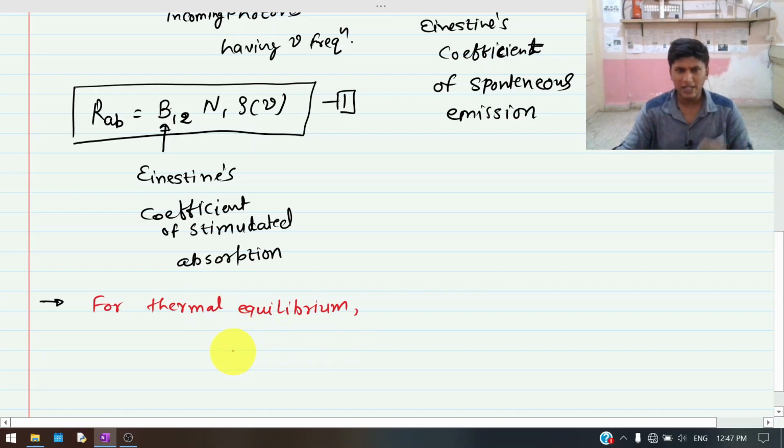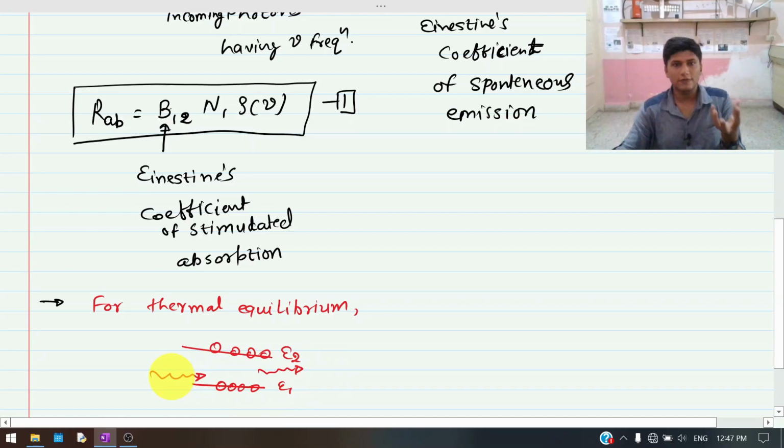So for any thermal equilibrium, if this is an atom, these are energy levels, E2, E1. There are some atoms in the ground state, some atoms in the excited states. The photons come and photons go because of emission. Photons are absorbed, then they are emitted. This process keeps on happening. For thermal equilibrium, the rate of absorption should be equal to the rate of total emission.